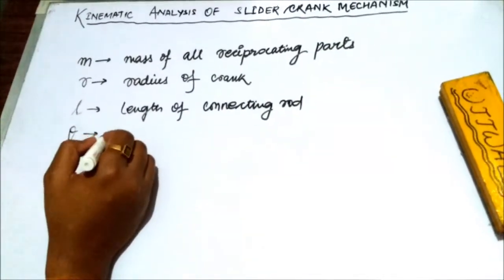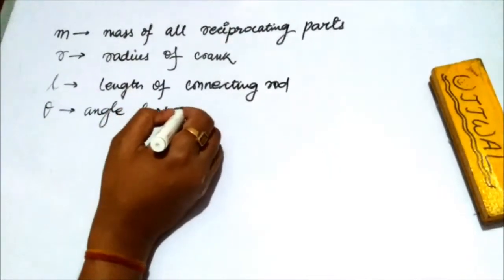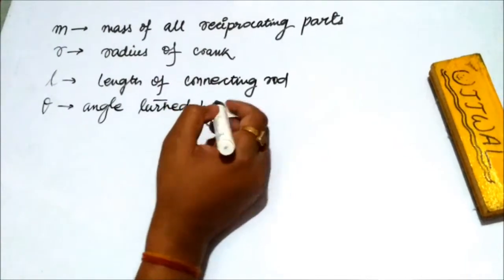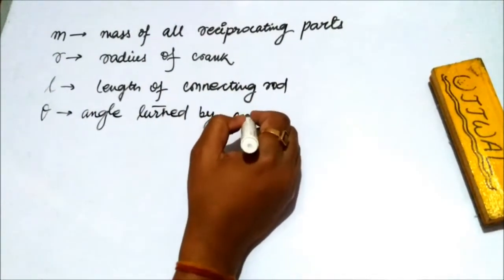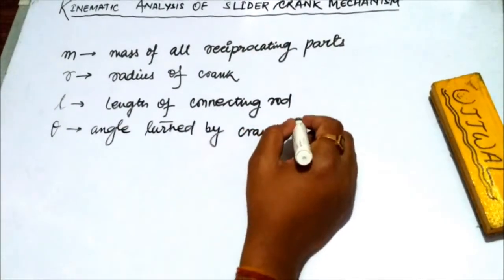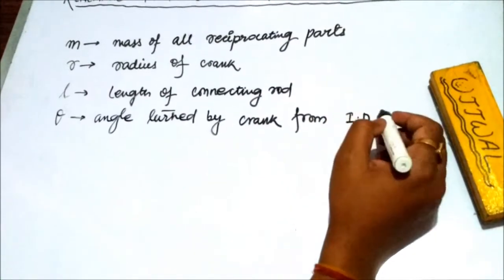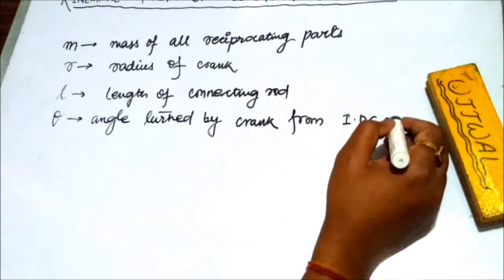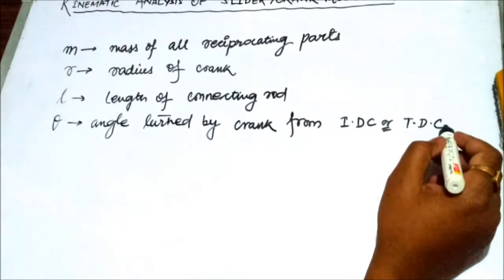Theta denotes the angle turned by the crank from the inner dead center or top dead center. You see the dotted horizontal line I have drawn in the last figure. We have to take theta from that position, the dotted line, inner dead center or top dead center.